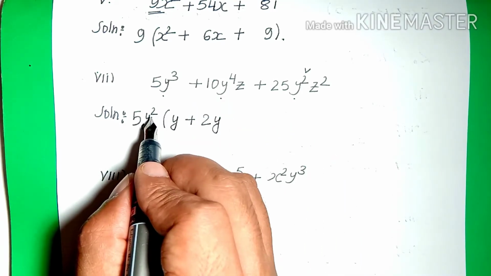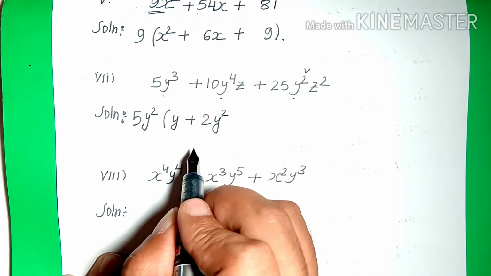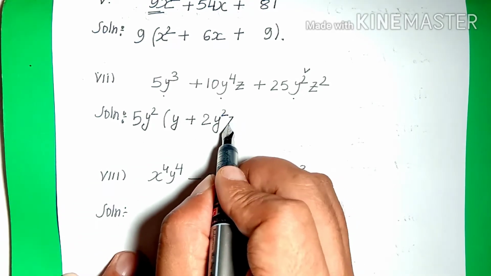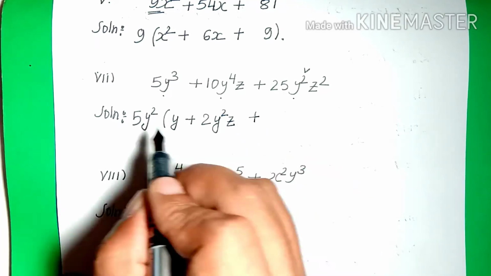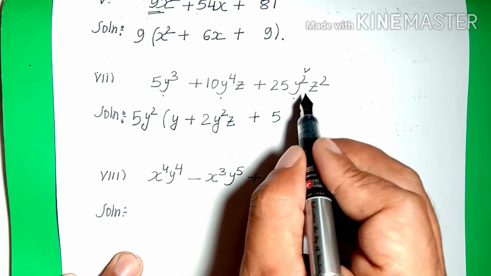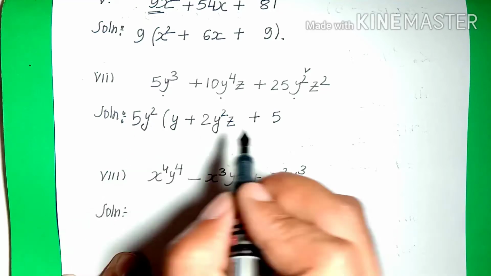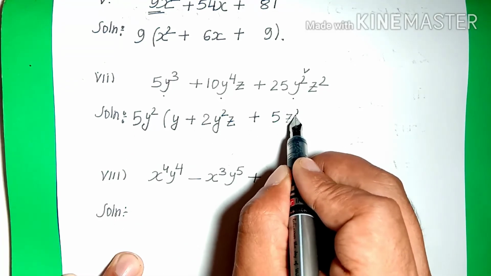We already took y square outside. Then there will be 2 more y here. Again z will be left out. Plus here 5 into how many times? 5. Then y will be 0 because we have y square and we took y square as the common. Then we are left with only z square.